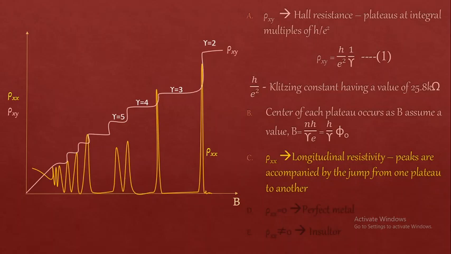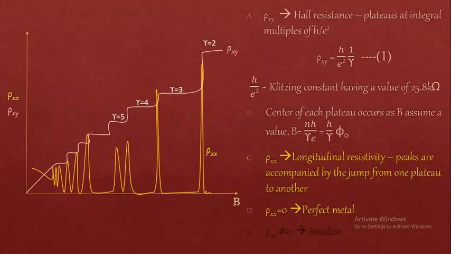So what is the importance of this? When rho xx is equal to 0, that is longitudinal resistivity is 0, it means it is a perfect metal or a conductor. In the yellow graph we can observe there are certain peaks, and otherwise it is the same as the x-axis, meaning it is equal to 0.